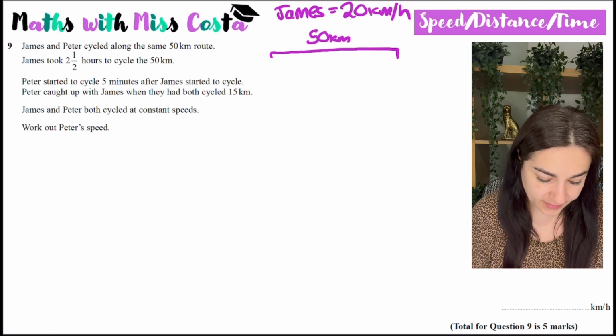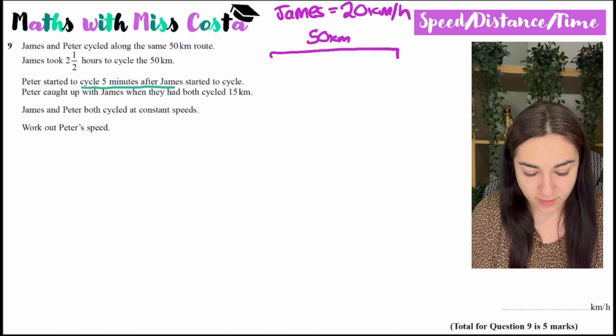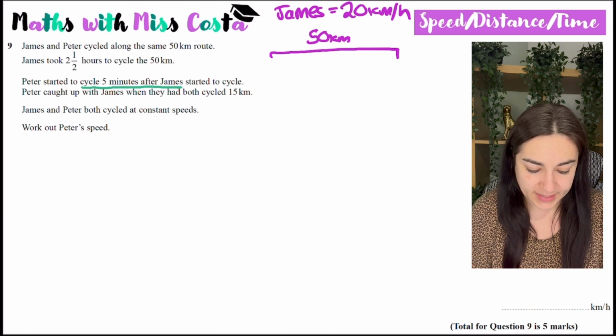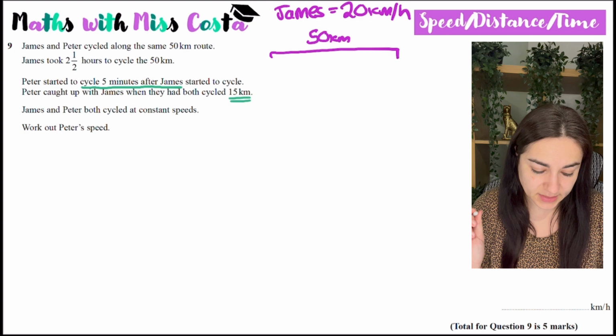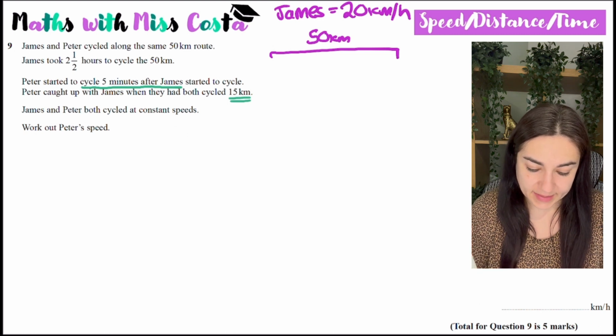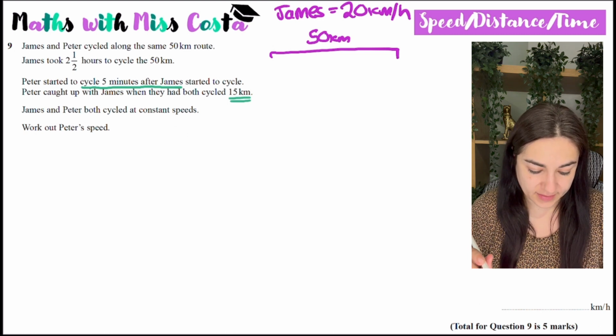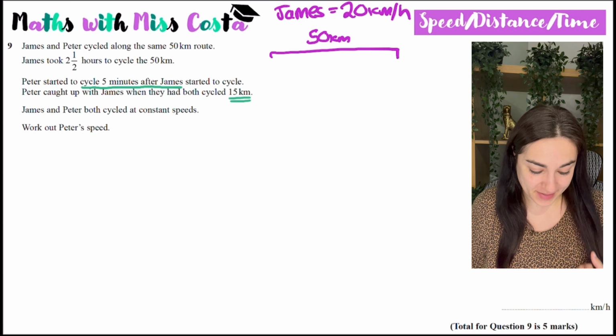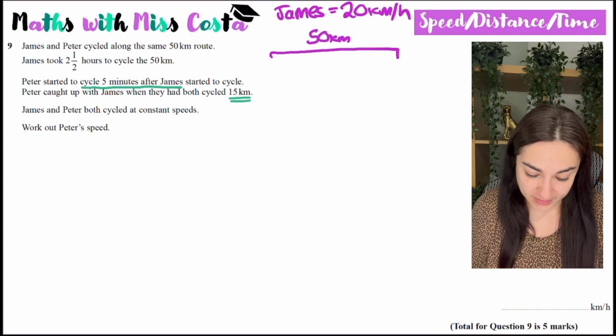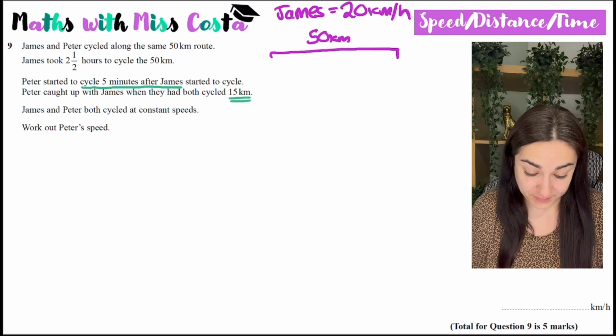And then Peter started to cycle 5 minutes after James started to cycle, and he caught up with James when they had both cycled 15 kilometers. So that means that, okay, so now I need to figure out how long it took Peter to cycle 15 kilometers.